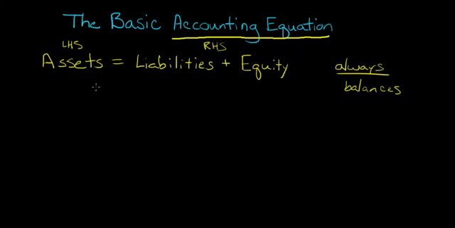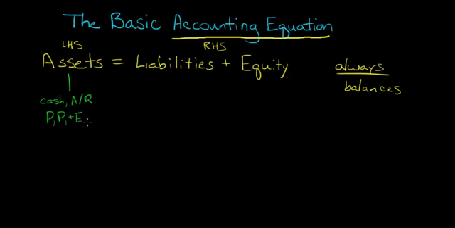So when we think about conceptually what is going on here, there's a few things. First of all, the assets are things that the company or the business owns. For example, cash, some accounts receivable, property, plant, and equipment, things like buildings.